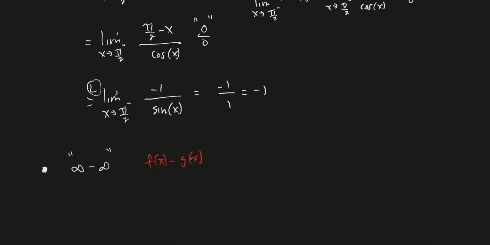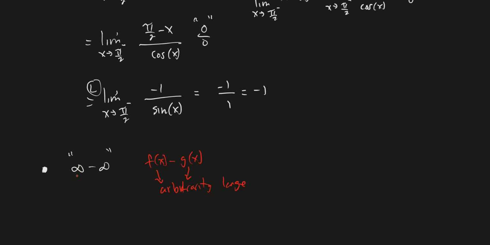And now both functions are getting arbitrarily large, but you're subtracting, right? And then you're taking the difference. But because they're both getting arbitrarily large, you don't really know how that difference is going to play out.